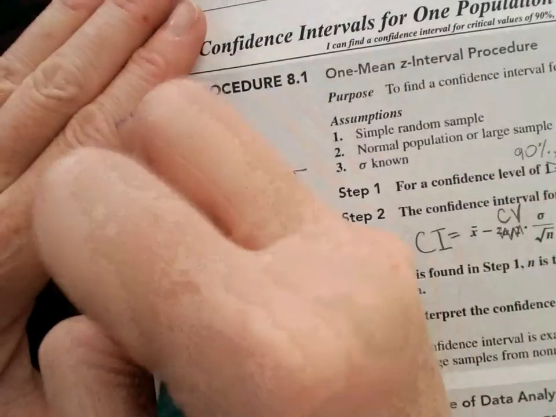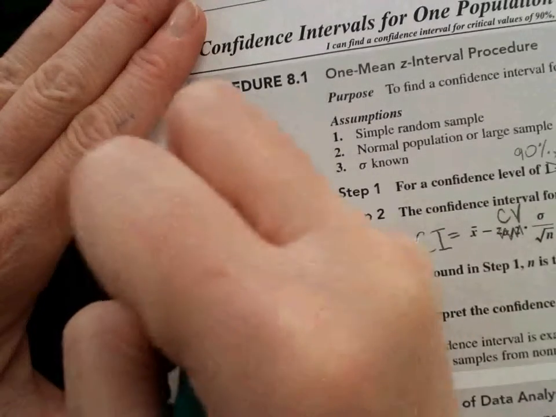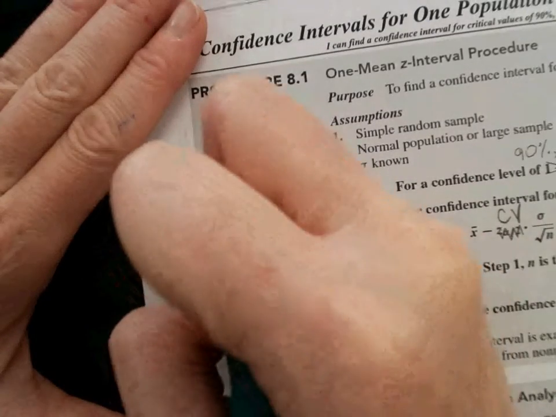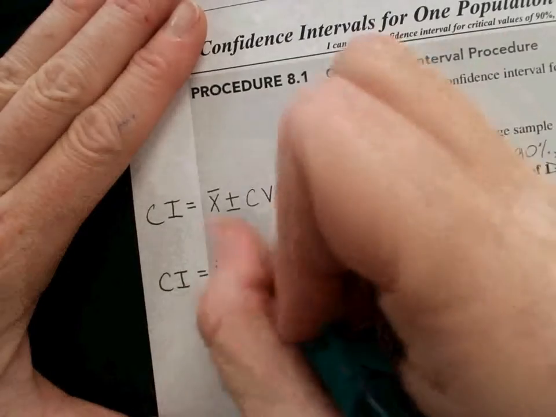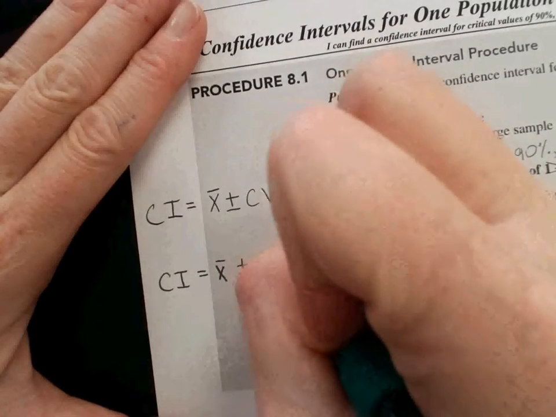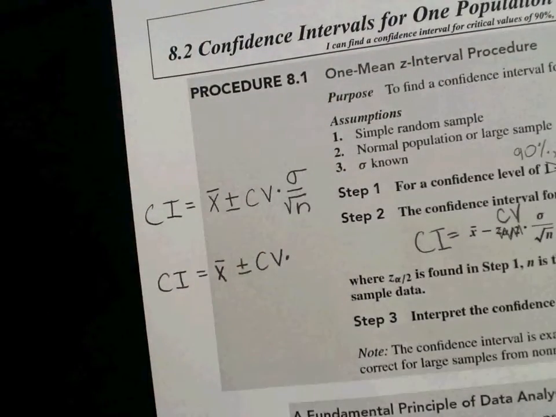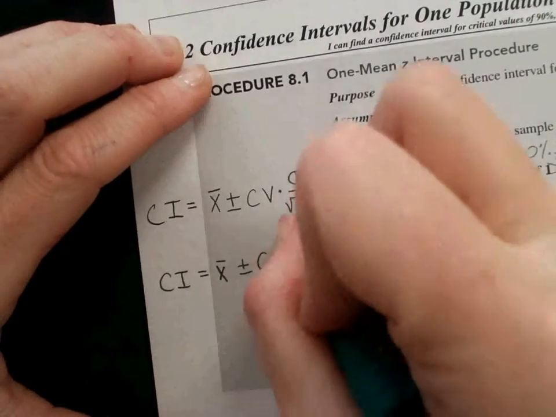The second one, x bar plus or minus CV. What's another more efficient way to write sigma over radical n? Sigma sub x bar. Good. Sigma sub x bar.